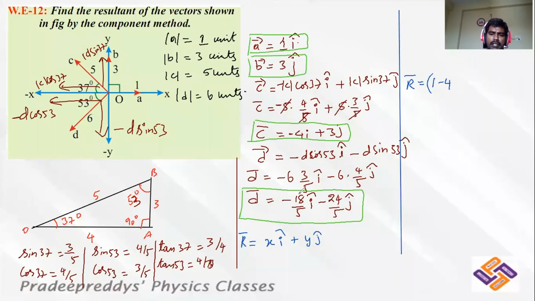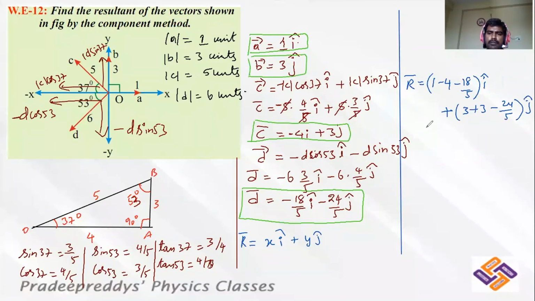Next, D bar has x component minus 18 by 5, and this is i cap. Plus, coming to y components, A bar no y component, B bar it is 3, C bar it is plus 3 and minus 24 by 5, and this is j. That is the resultant vector.